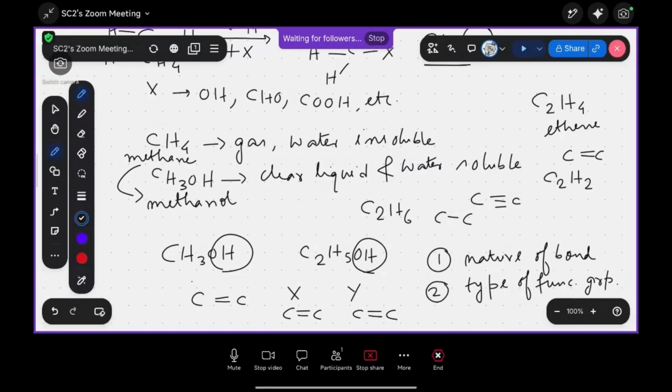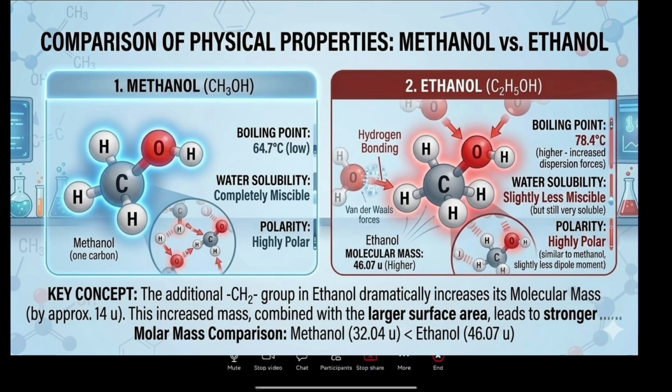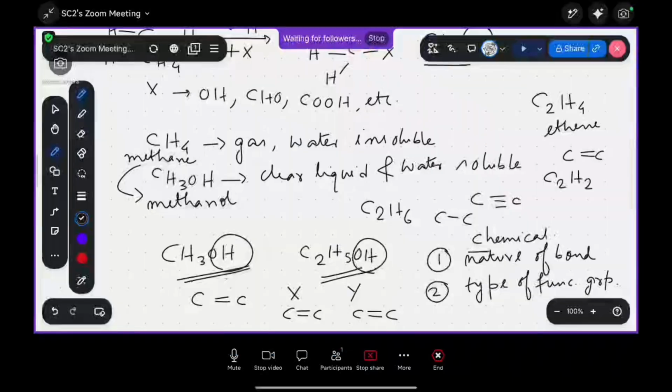So that means, since CH3OH and C2H5OH both have the same group, OH, both of them will have similar chemical properties. But yes, physical properties will be different. Chemical properties depend on the nature of bond and the type of functional group.